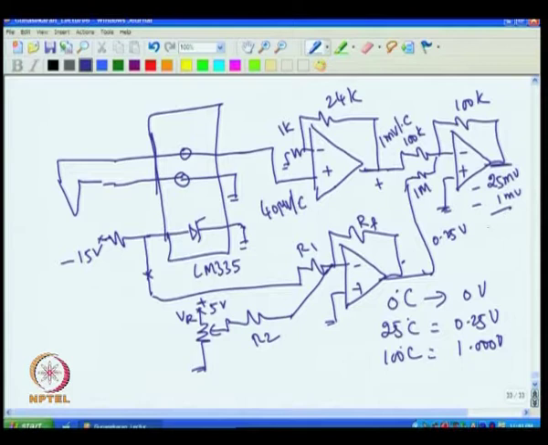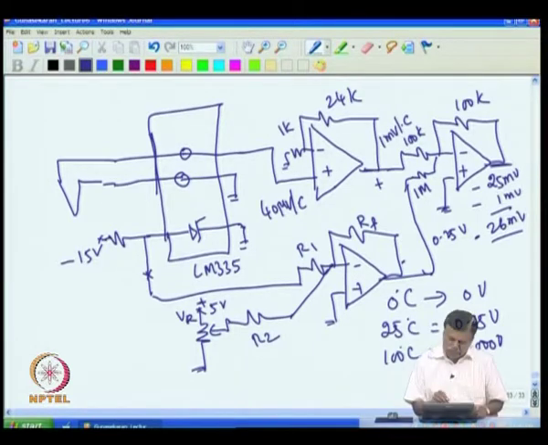So I will get 26 millivolt here, minus 26 millivolt. Assume this is at room temperature 25 degree C, then I will get 0.25 volt here. That 0.25 will come as 25 millivolt here, because this is 10:1. So you will get 250 millivolt coming as 25 millivolt here. Then if this is giving you 40 microvolt, then this will come as 1 millivolt.